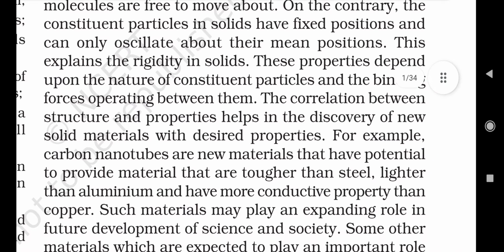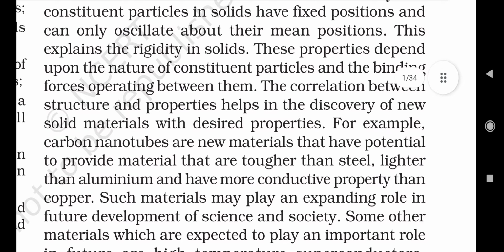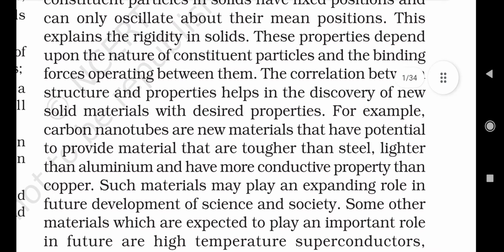For example, carbon nanotubes are new materials that have potential to provide materials that are tougher than steel, lighter than aluminum, and have more conductive property than copper. So you must have heard about carbon nanotubes. Say we want a tough material.